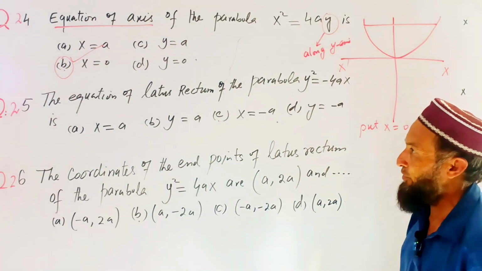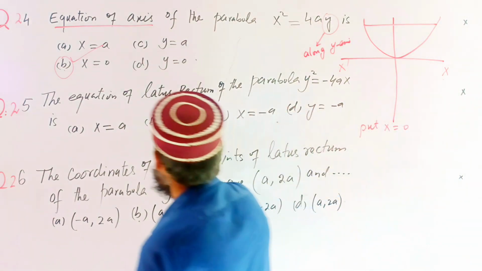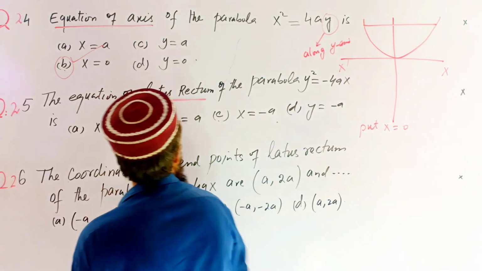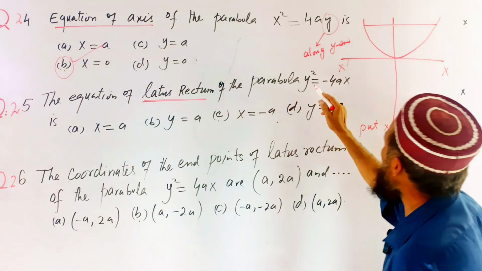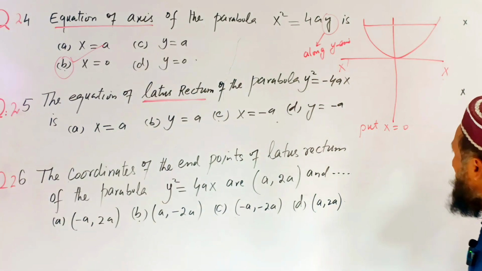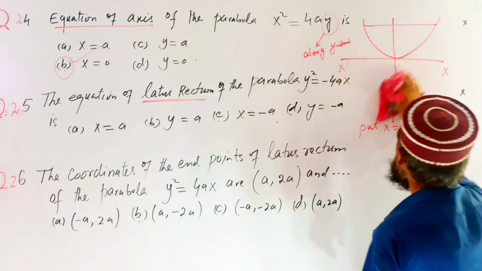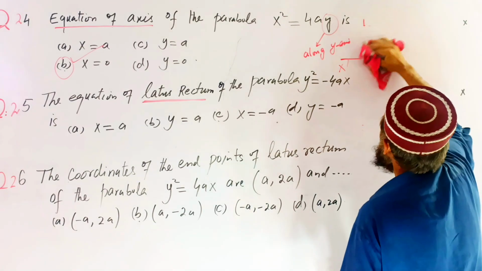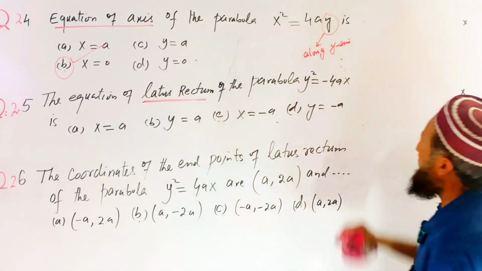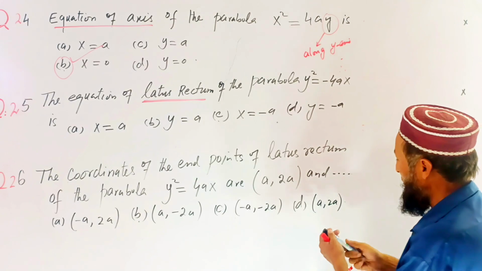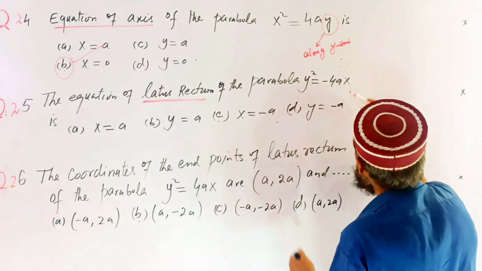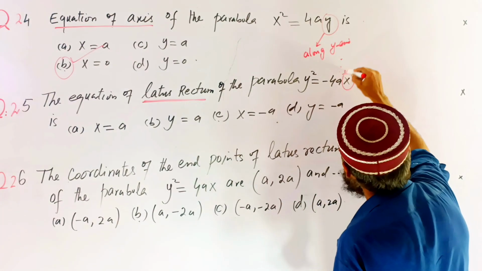And question number 25, the equation of latus rectum of the parabola y square is equal to minus 4ax. So here the parabola is changed. Along x-axis, from here we conclude that parabola is making along x-axis.